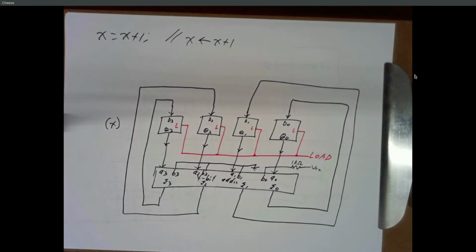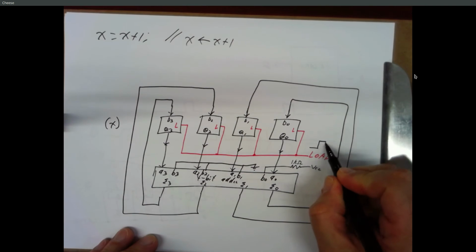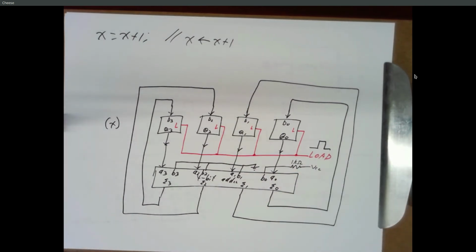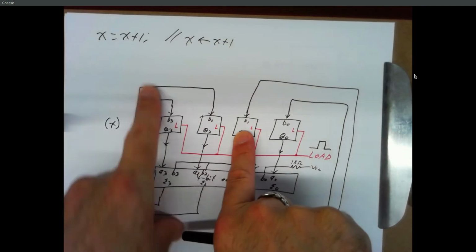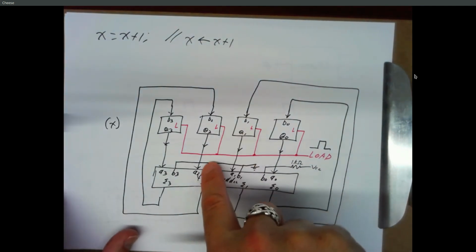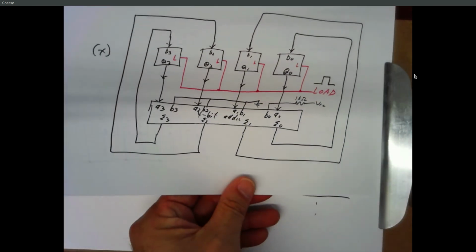So somehow we have this circuit inside our computer, maybe because we have an increment instruction. And to increment X, all we got to do is take the load line, raise it to 1, drop it back to 0. And now X plus 1 gets loaded into X. We've done our instruction. Making sense? All right, so there's a problem.